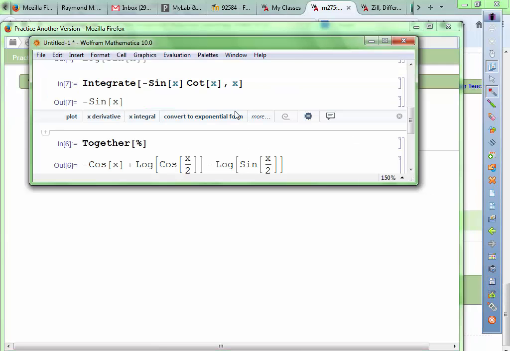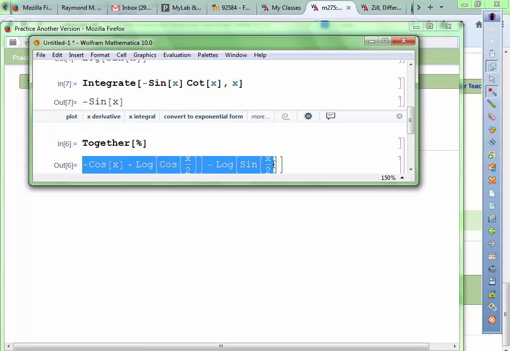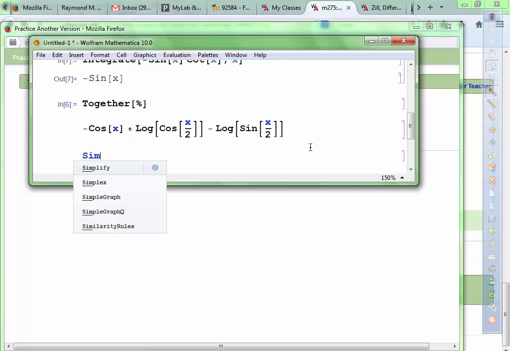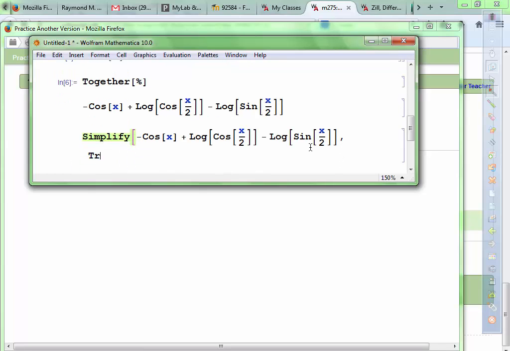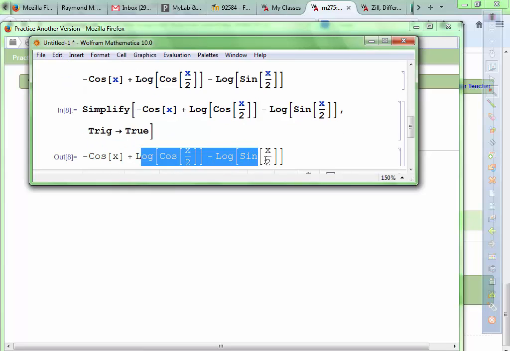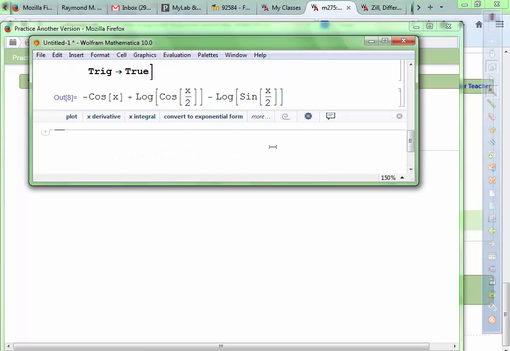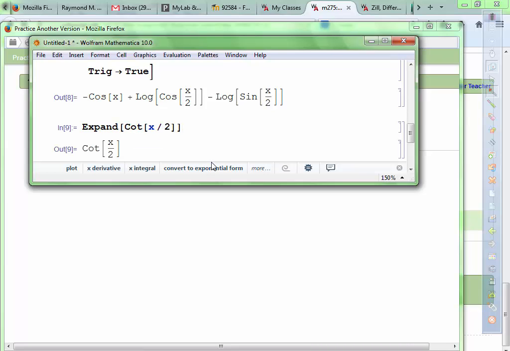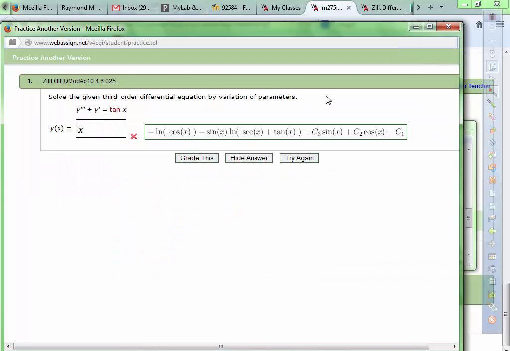Let me go back to Mathematica and do this integral again. There's a way to expand this, and so I'm assuming the questionable call here is the expansion of the cotangent.